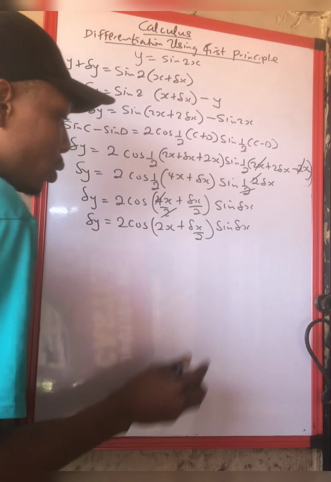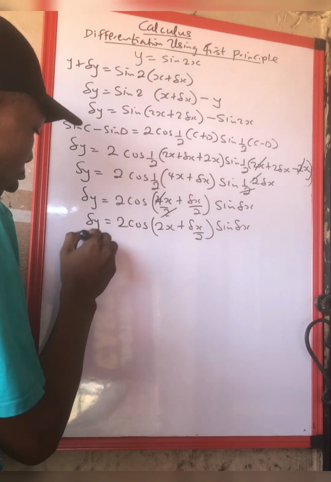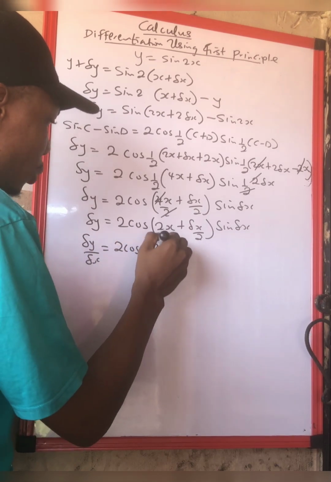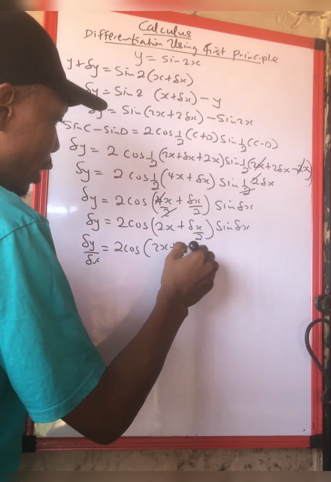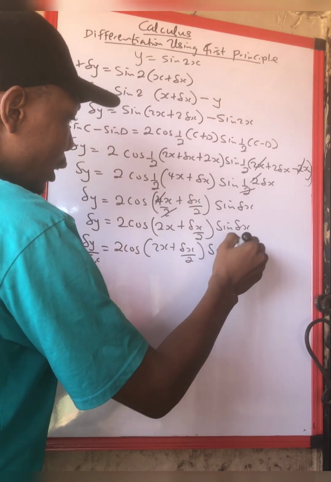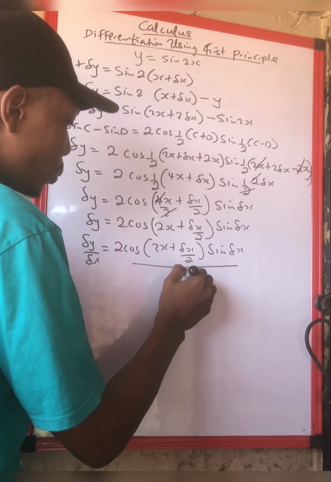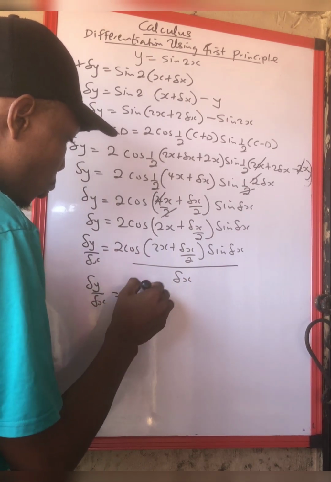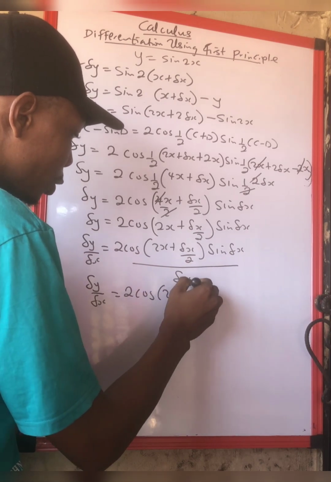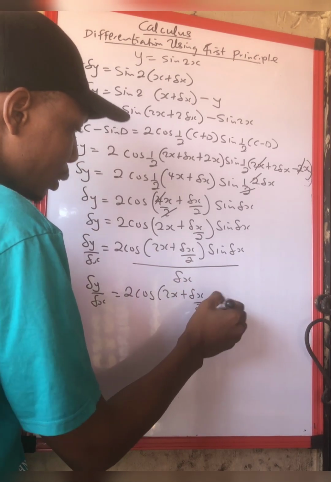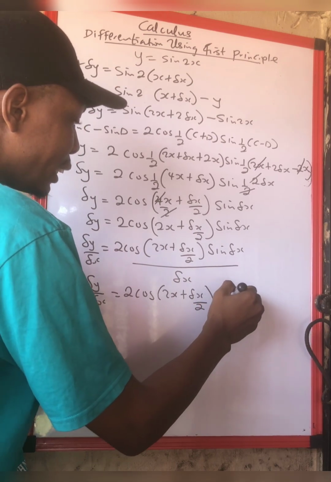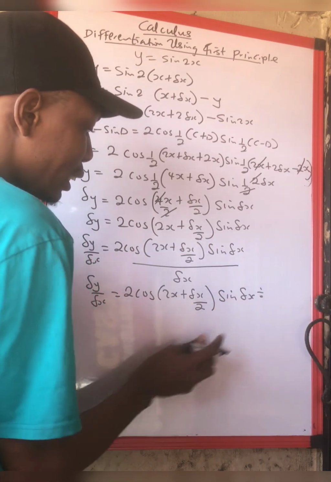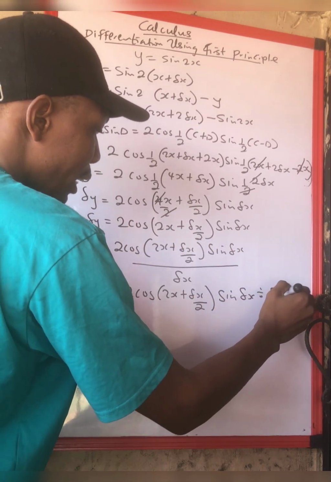Then we are left with sine change in x. So dividing through by change in x, it becomes change in y over change in x equals 2 cos(2x plus change in x), then sine change in x over change in x. This is sine change in x, divided by change in x over 1.